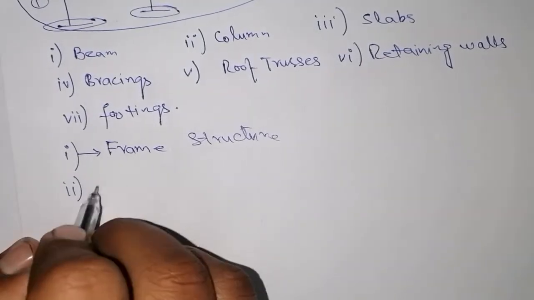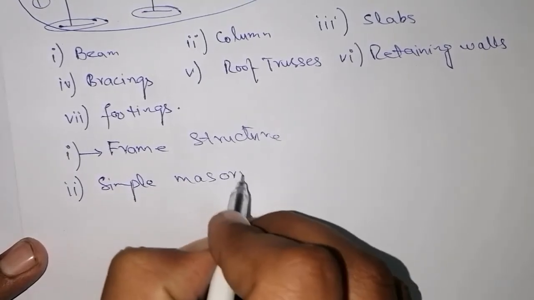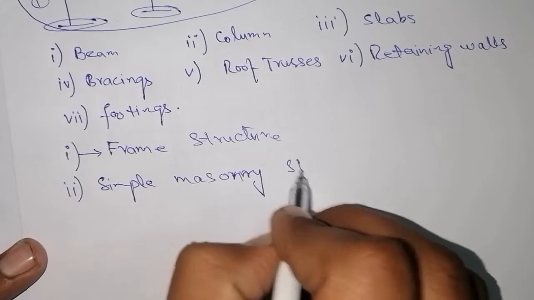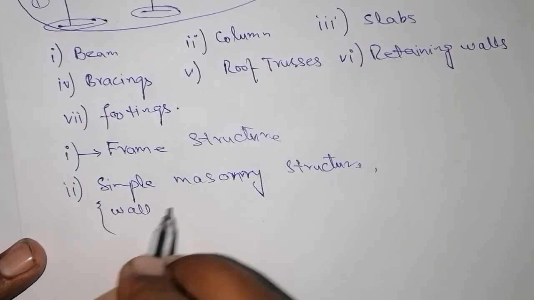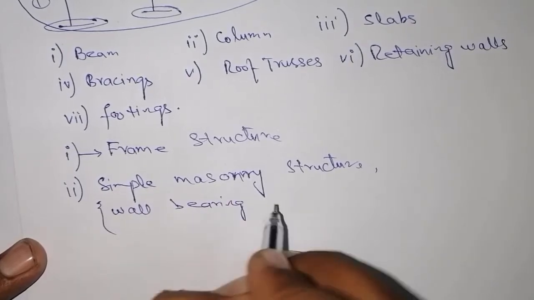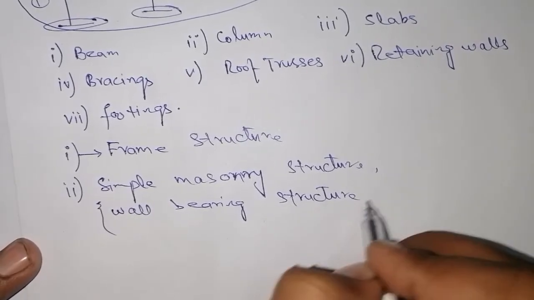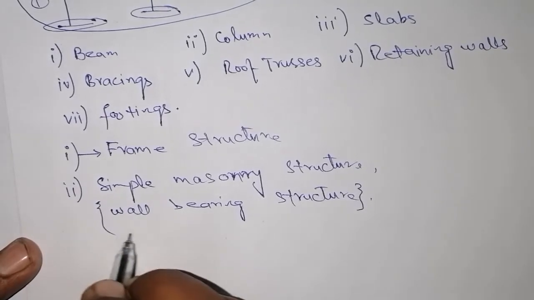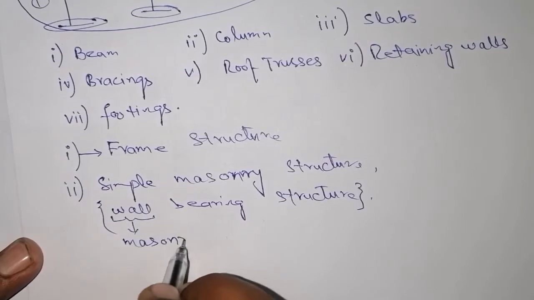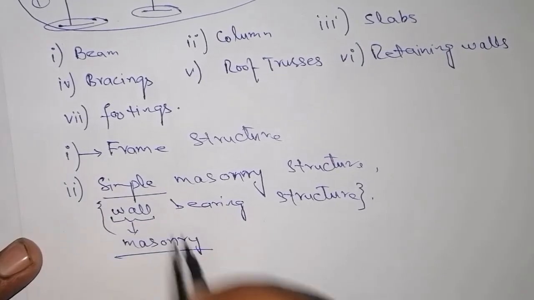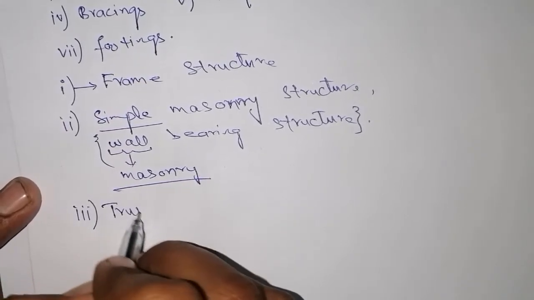Second one is a simple masonry structure, or these are known as wall bearing structures, because in such structures we do not construct any frame of columns or beams, but we only introduce walls made of masonry. And at the third number we have structures like truss structures.